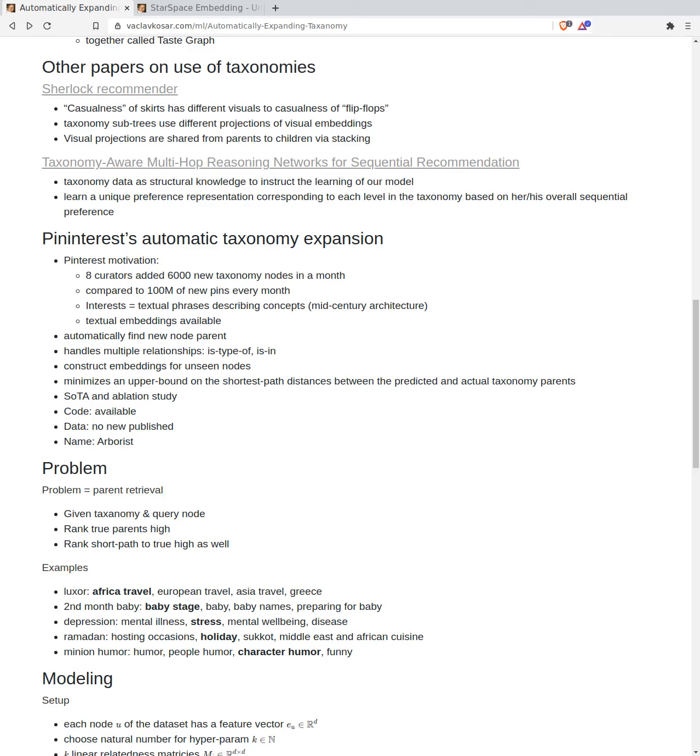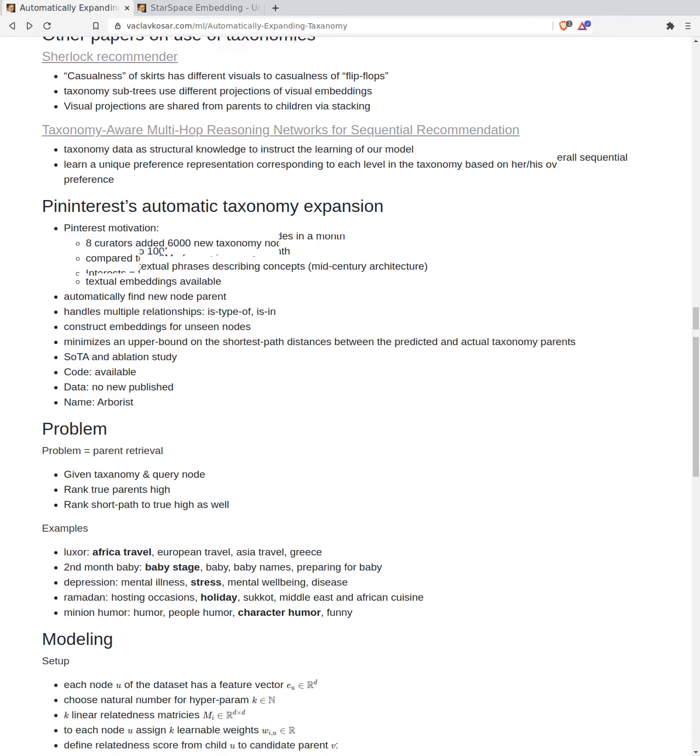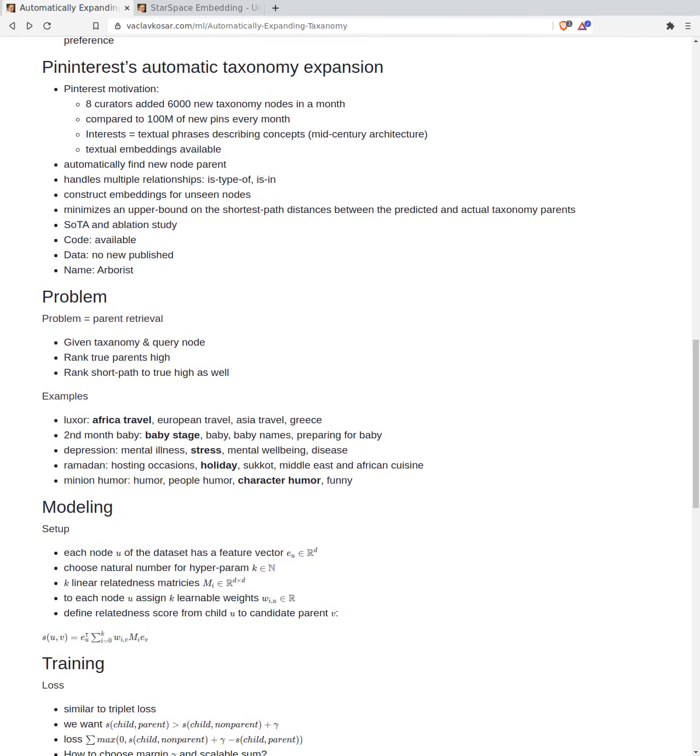Because every category has a different type of, for example, casualness; the representation of casualness for shorts may be very different from how casual flip-flops look. So you can use this even for some kind of similarity things. Okay, but back to the taxonomy.